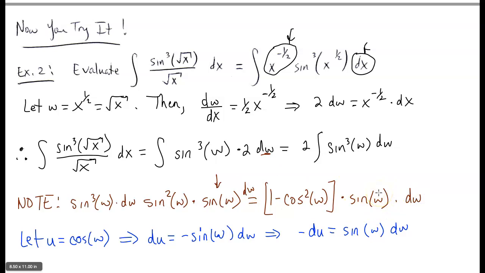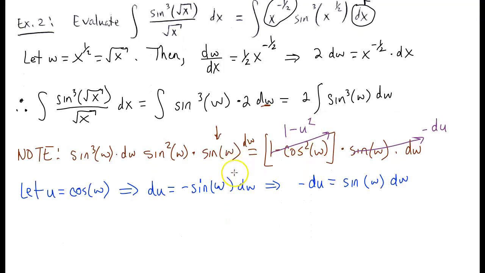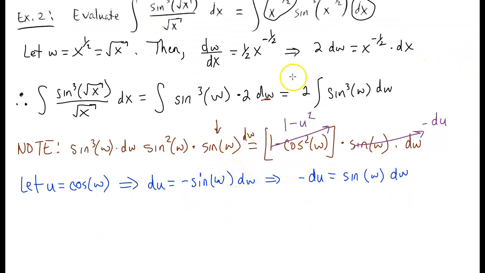Okay. And so now we see that all of this is just another way of saying negative du. And of course, what we have here is just another way of saying 1 minus u squared. And so now we could take what the new form of our integral is and finish up.